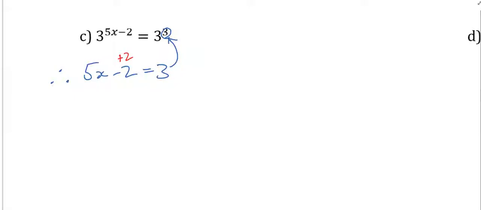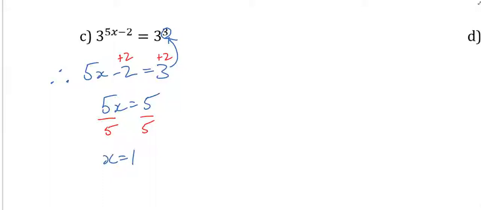Add 2 to both sides. Divide both sides by 5. Do we have to show all the steps like dividing by 5? You don't have to show the red parts. So our therefore statement will always be when the exponents equal each other.